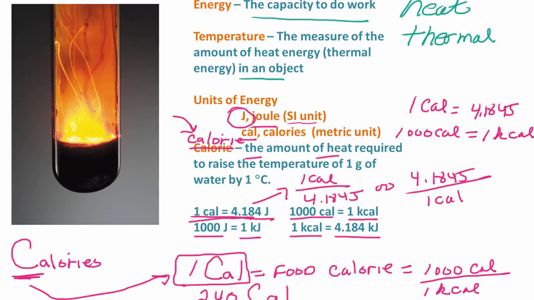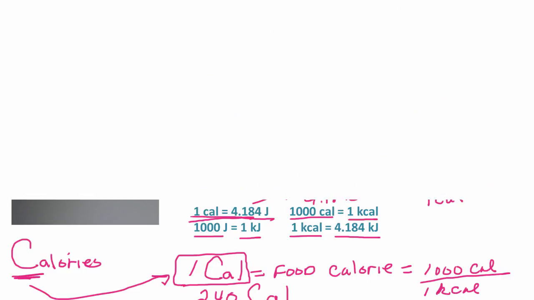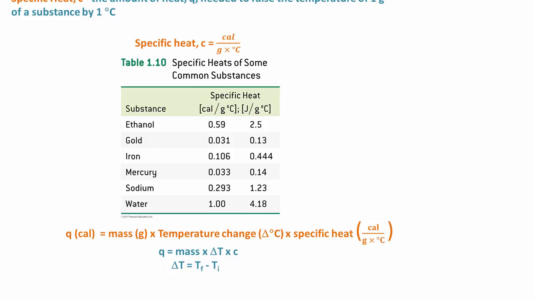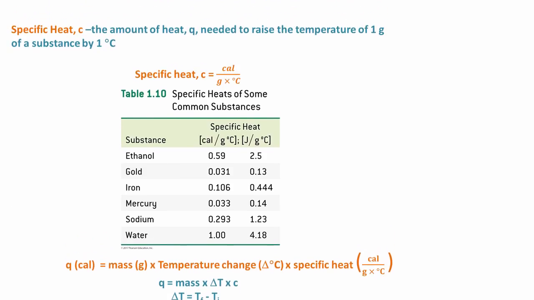So let's go back here. We can talk about food calories all day, but let's go to this page here. Our goal here is to be able to determine how much heat is transferred when a substance is heated or when it's cooled.